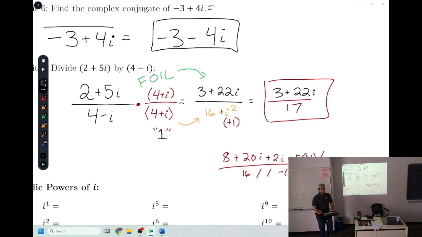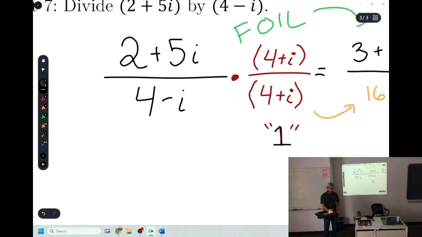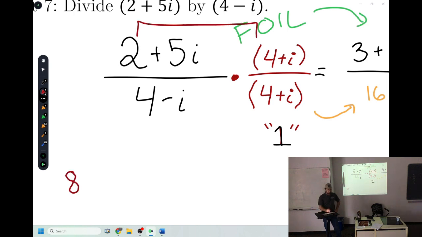Let's do this top FOIL together. 4 times 2 is 8. 2 times i is 2i.